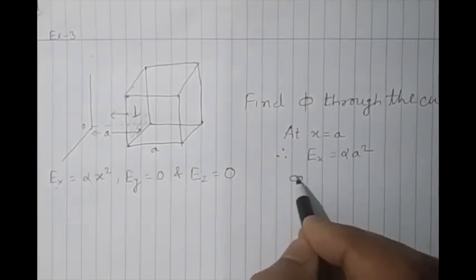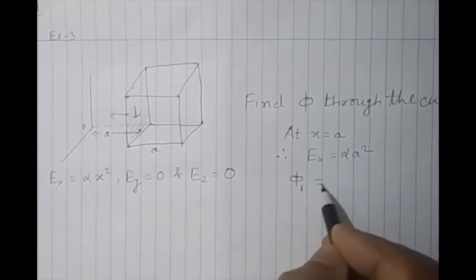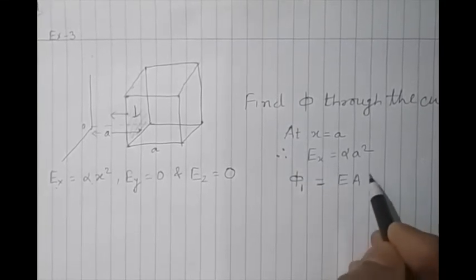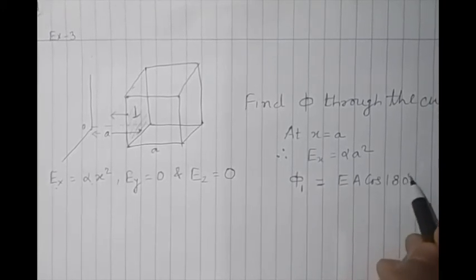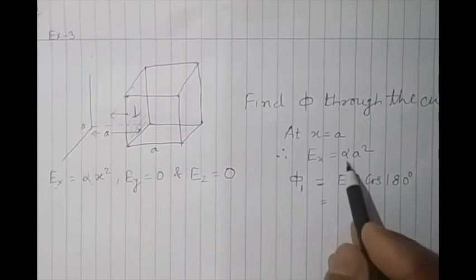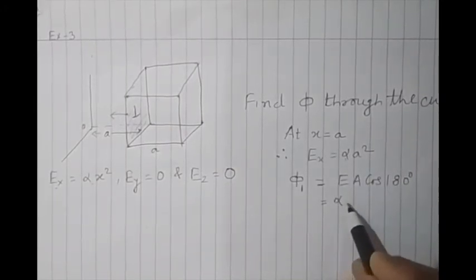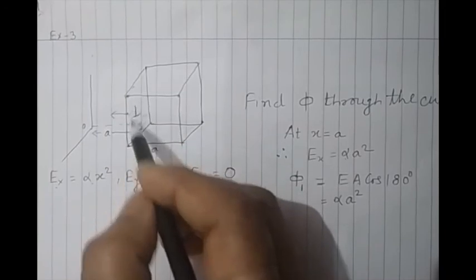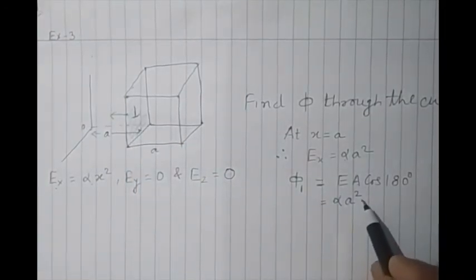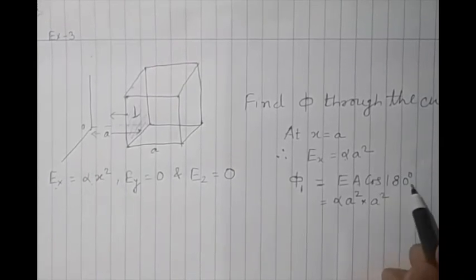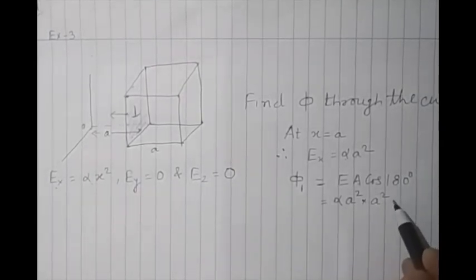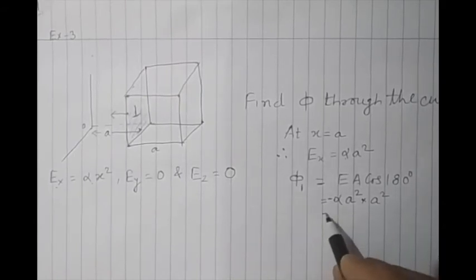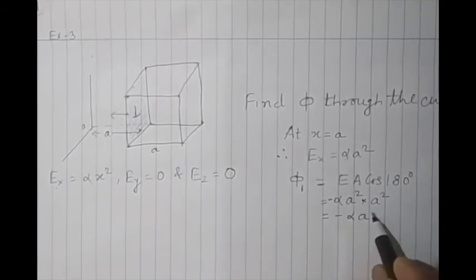So electric flux through the first surface phi 1 is equal to E A cos 180 degrees, and electric field is alpha a square, and area of this face is also a square, and cos 180 is minus 1, so it is equal to minus alpha a to the power 4.